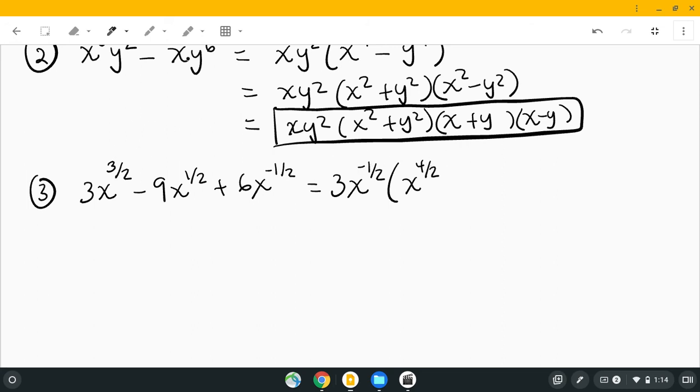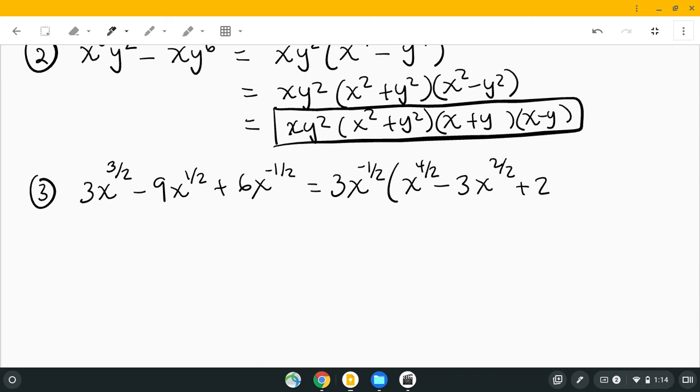Okay? Same thing over here. So I need a -3 and I need an x. And I have -1. So -1 plus what will give me 1? And that would have to be 2 halves. And then here I have 3 times 2. And I will need, let's see, actually, I don't need any x's because I need x to the -1 half.